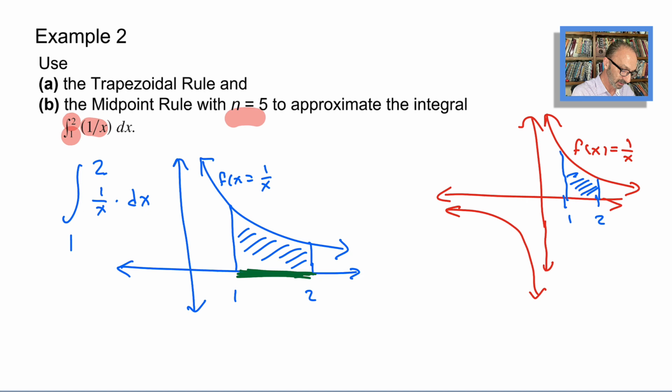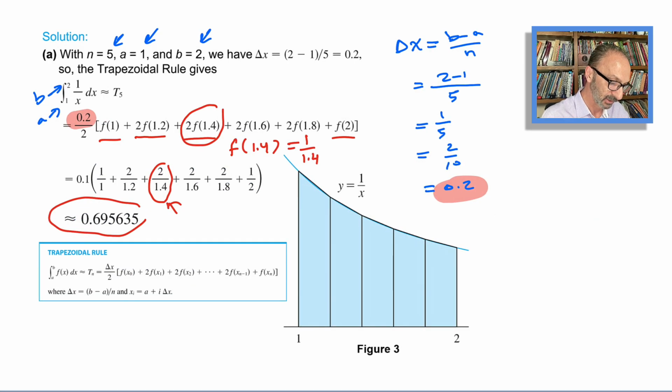We're going to partition 1 to 2, the entire interval, into 5 subintervals. So delta x will be b minus a over n. In this case, it's 2 minus 1 over 5, because b is 2 and a is 1. That simplifies to 1 over 5.